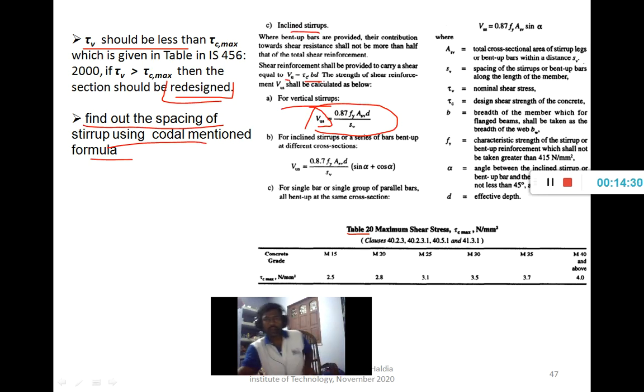Okay, and fy is known, area of vertical stirrup legs is known, d is known, the only unknown is Sv, the spacing of stirrup. So this is the applied shear minus the shear resistance of the concrete, so that you subtract and get the spacing of the stirrup.